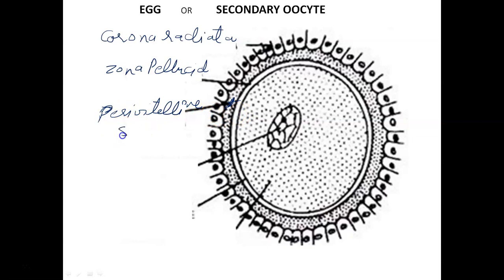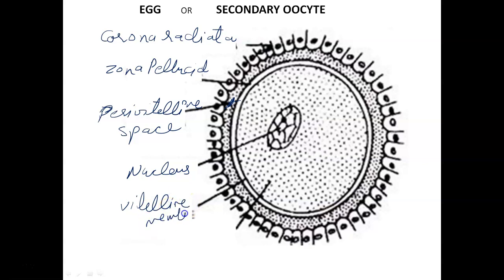Sometimes the polar bodies which are formed in the meiotic division are found in that perivitelline space, because it is not known whether the polar bodies are formed, or will remain, or what will happen to them, but sometimes in that perivitelline space the polar bodies are seen. This is the nucleus, of course, and this one is the oolemma. The oolemma is also known as the vitelline membrane.